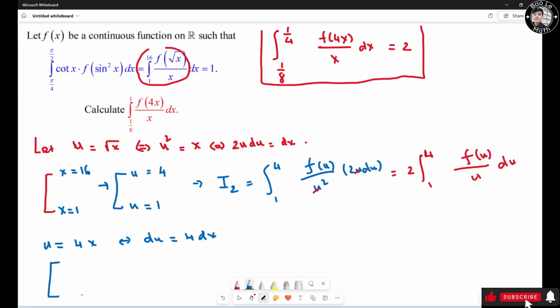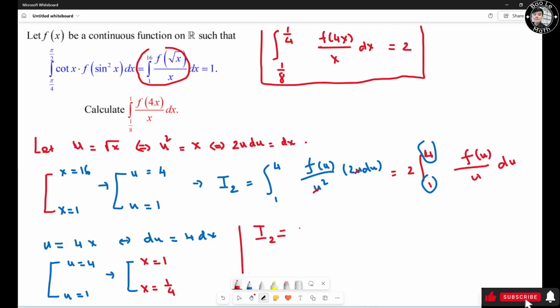Right now u equals 1 and u equals 4. When u equals 1, s equals 1/4. When u equals 4, s equals 1.